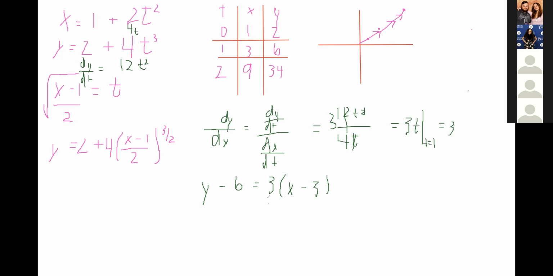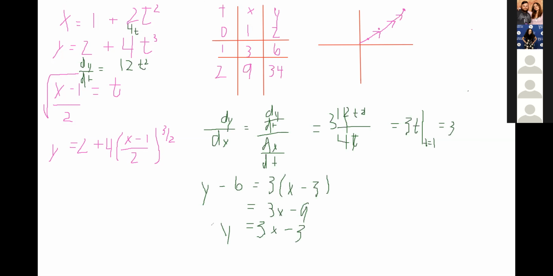So 3x minus 9 equals y minus 6. Add 6 to both sides. y equals 3x minus 3. Okay, so that's the equation.